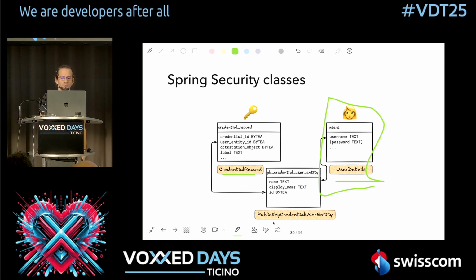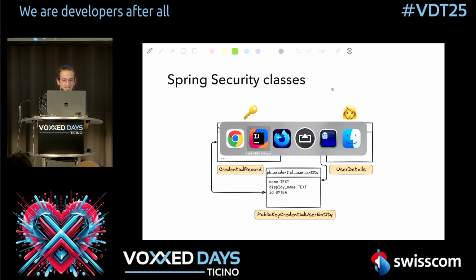And then you need a table to link users with passkeys, because maybe a user has multiple passkeys, right? I can register my YubiKey, but also my phone, my Mac, and so on. This is a link table, so it's not super interesting. The credential record has more meat to it, so we can take a look in the code.